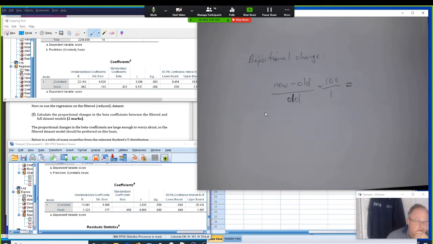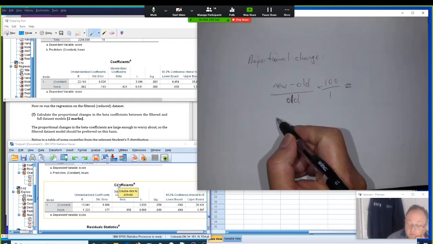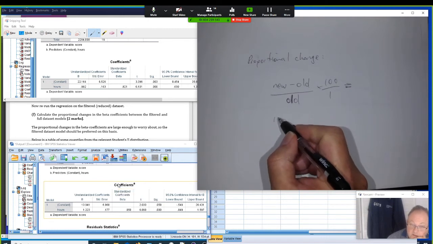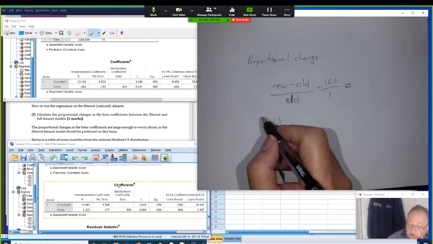So what have we got? We've got to take our two coefficients. The old one's up the top, the new one's down the bottom. Make sure you use all your decimal points. If it's given with 3 decimal places, don't get skimpy. So we're doing beta 0 hat.